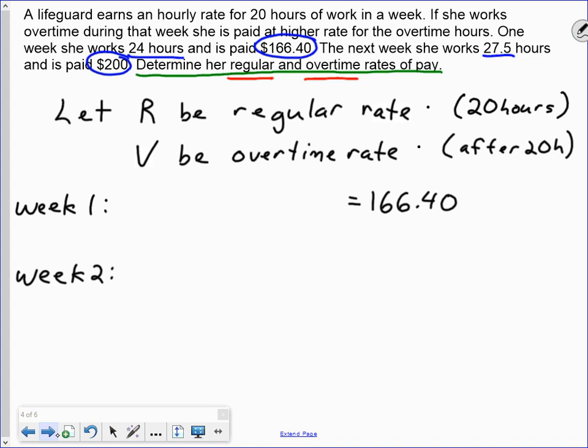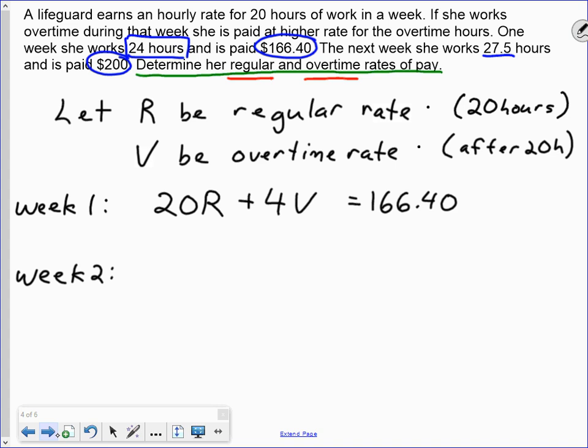Well, she worked 24 hours altogether. 20 of those hours have to be at the regular rate because you have to work 20 hours at the regular rate before you even get overtime. Anything above the 20 hours has to be at the overtime rate. So 20 hours at the regular rate plus 4 hours at the overtime rate.